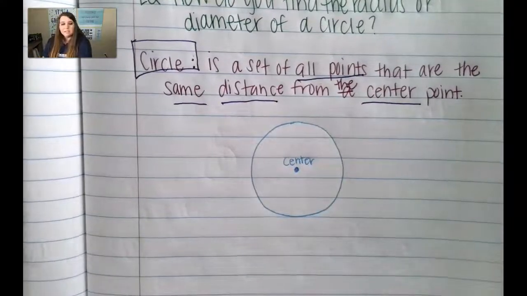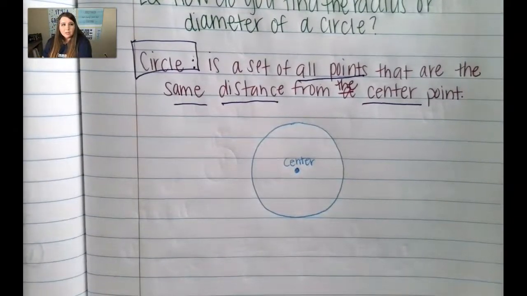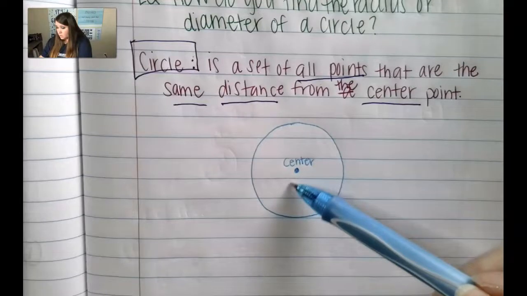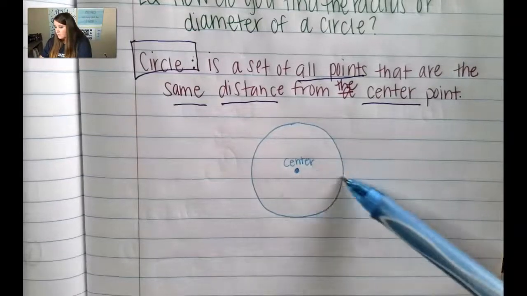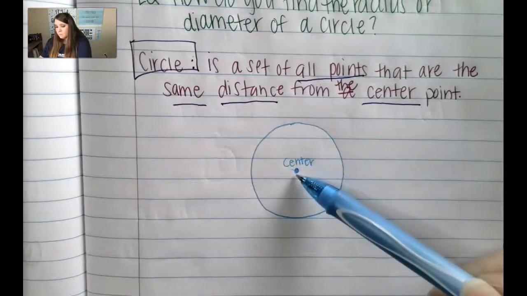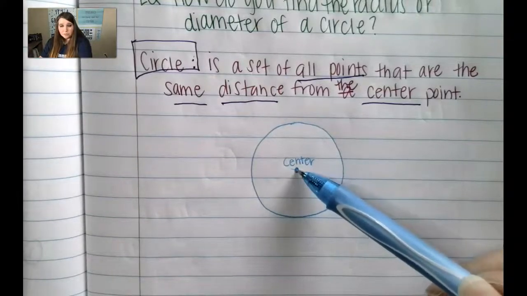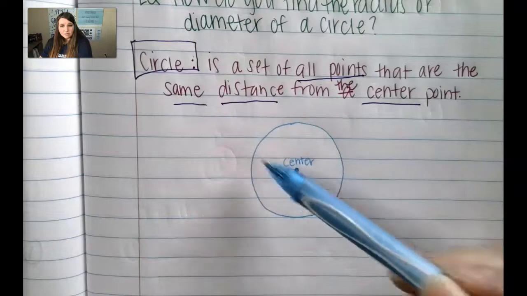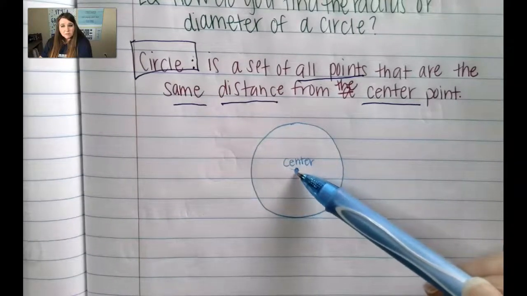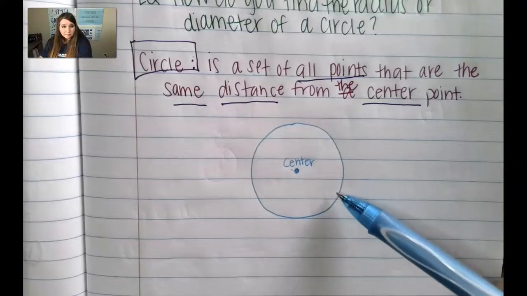Every line that we make off of this center is the same distance from the middle. So if we were to draw a line and measure it from here to the edge of our circle, it would be the same distance as if it were from here to here.